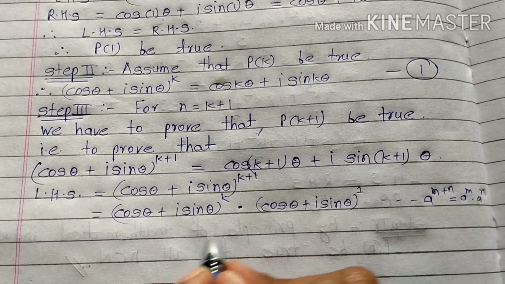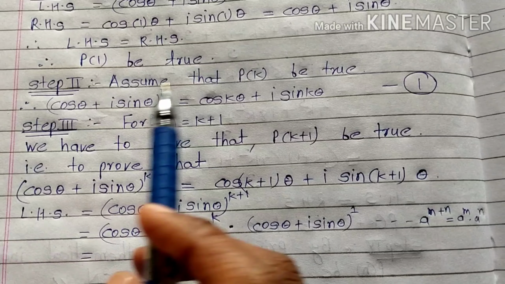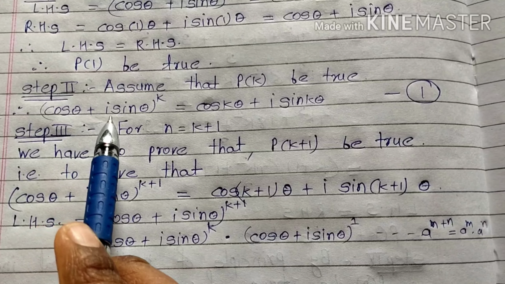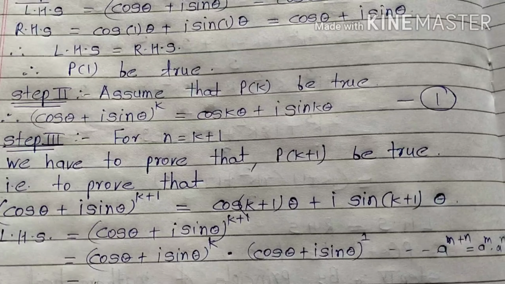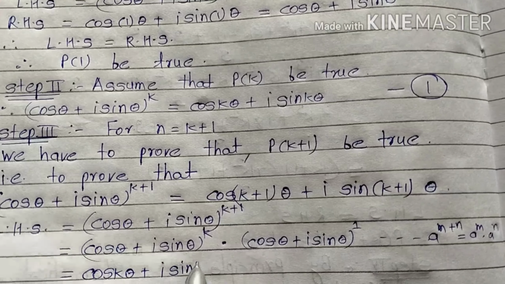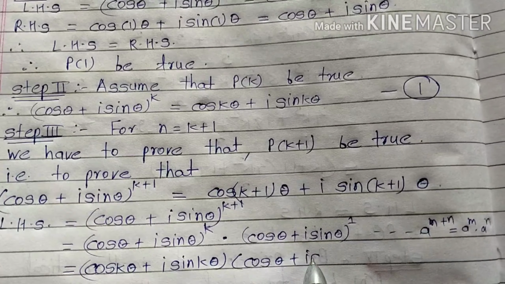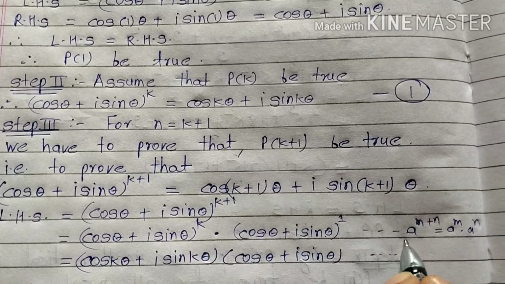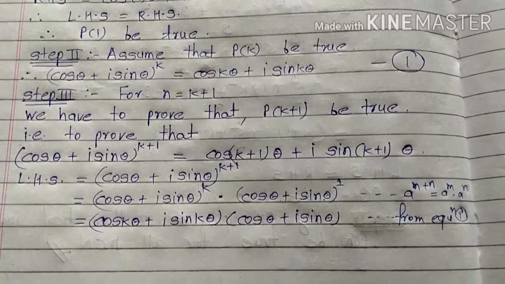So using that law we solve this. Now from step second or from equation first, you can observe that the value of cos theta plus I sin theta raised to k is cos k theta plus I sin k theta. So write here that value, cos k theta plus I sin k theta, and the multiplication of this cos theta plus I sin theta, because anything raised to 1 is that thing, and write from equation first, or also you can write from step second.